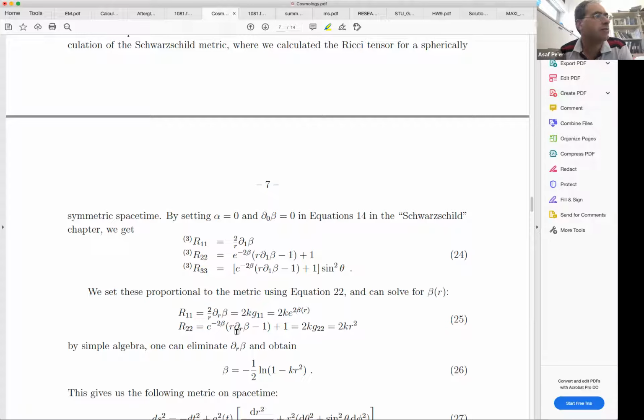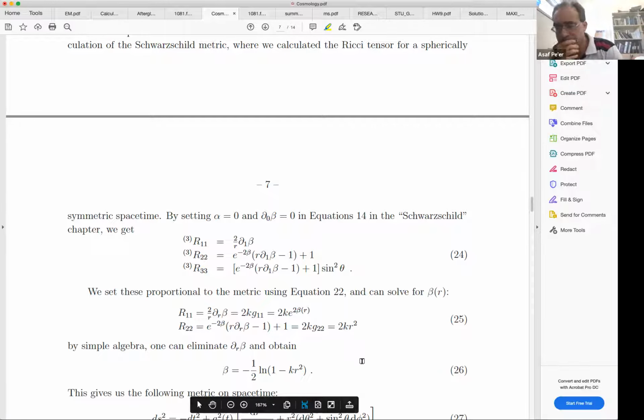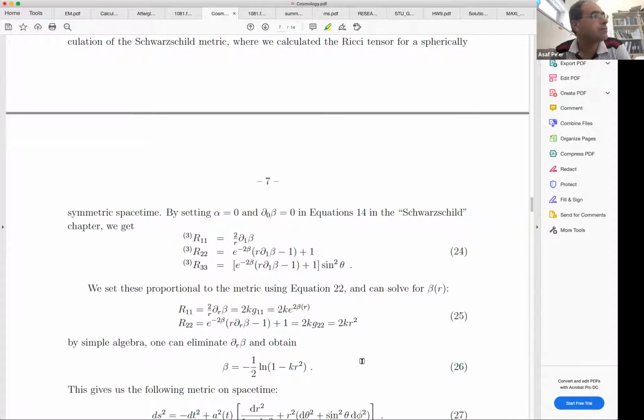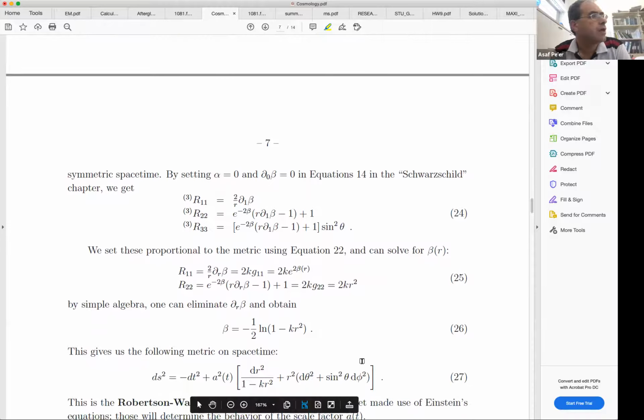Just plug it in here, and you end up with β equal to minus 1/2 ln of (1 minus k r squared). When we plug it in, since we had e to the power 2β, that just means we have 1 over (1 minus k r squared).